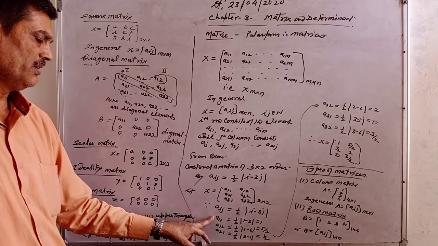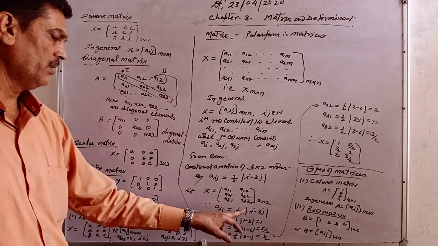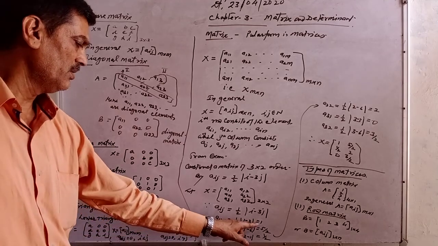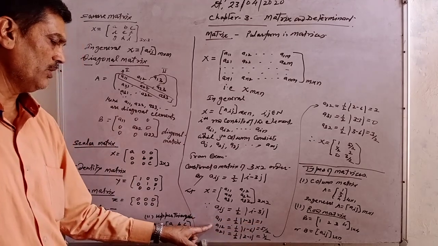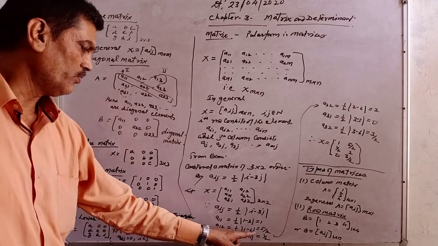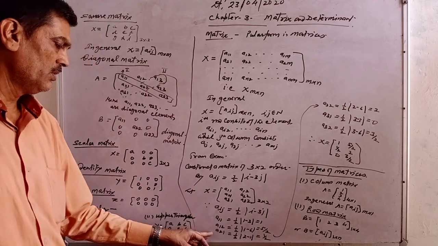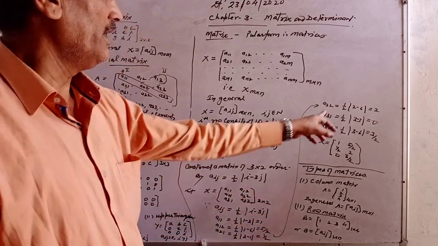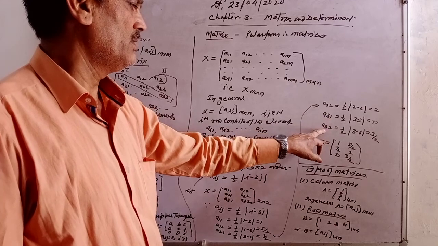So the first element a11, putting i as 1 and j as 1 and solving it, you will get 1. a12, putting i and j as 1 and 2, you will get 5 by 2. Similarly a21 and the remaining a22, a31, a32.